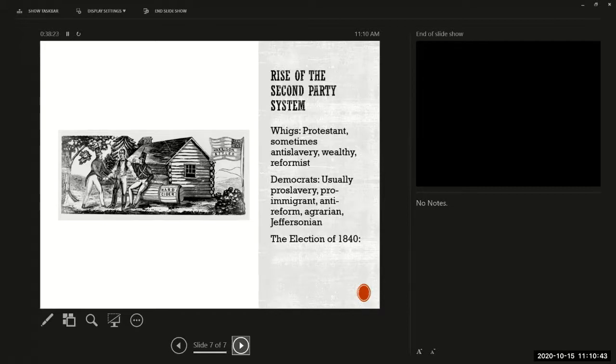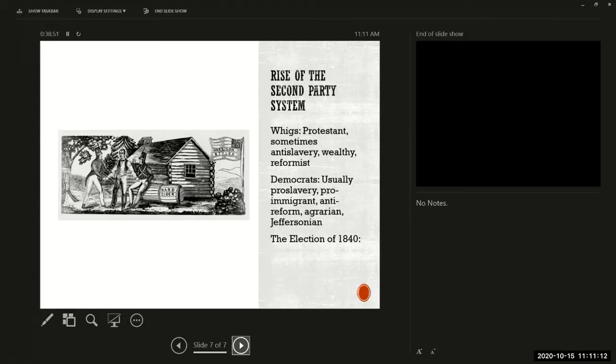The Democrats, in contrast, Jackson's political party, were often pro-slavery. So they believed that there was white supremacy, but they tended to embrace all white people. So they were pro-immigrant. The Democratic Party was the more pro-Irish immigration party.